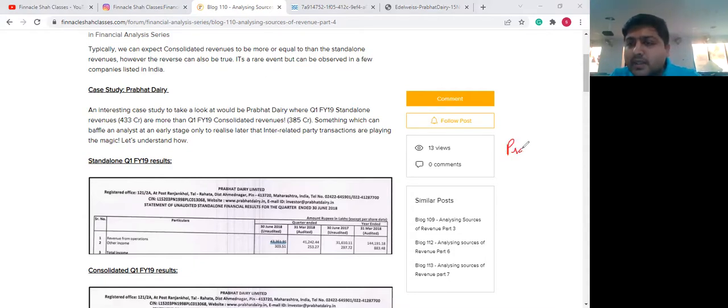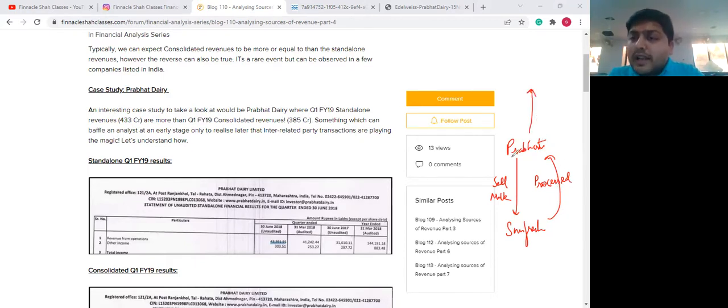Prabhat Dairy, which is the standalone entity, basically sells milk to Sunfresh. Sunfresh is a subsidiary of Prabhat Dairy, which eventually sells back processed products, let's just call it paneer, to Prabhat Dairy, which eventually sells outside.